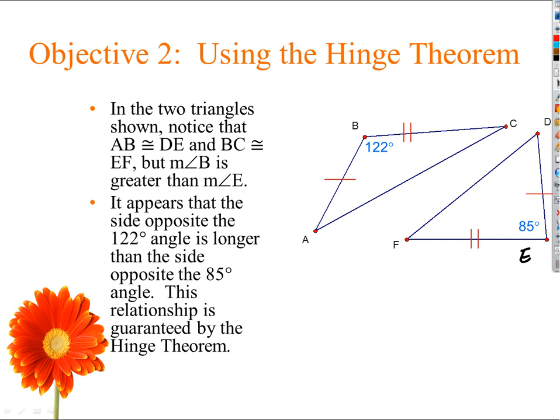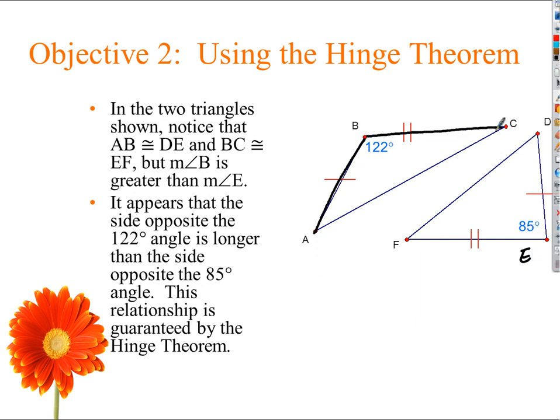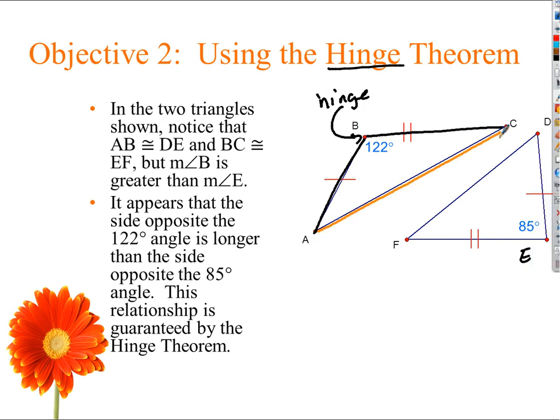A good analogy here is, what if the congruent sides are like sticks that are the same length, and they're hinged, hence the name, the Hinge theorem. They're hinged in the middle, and then the third side is a rubber band that can stretch or shrink, right? So I got the same length sticks that are hinged.